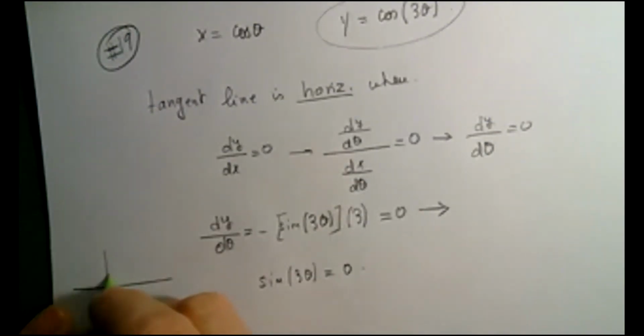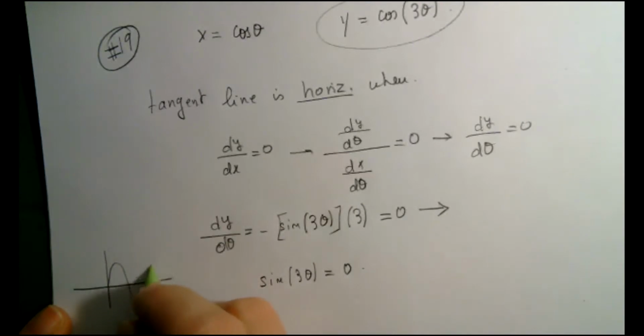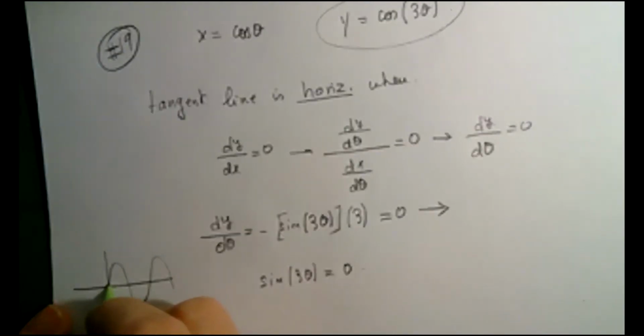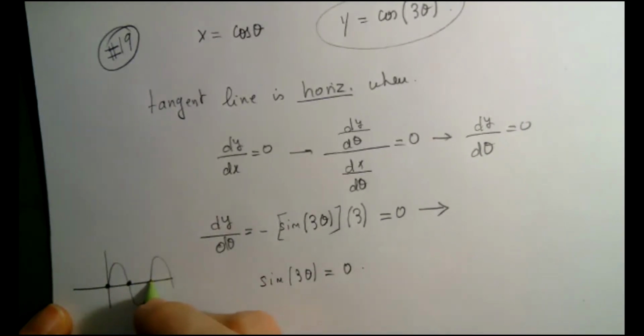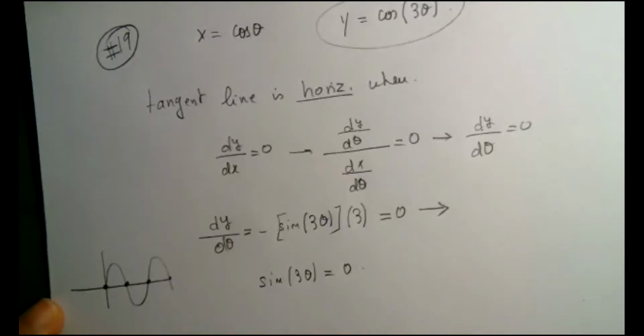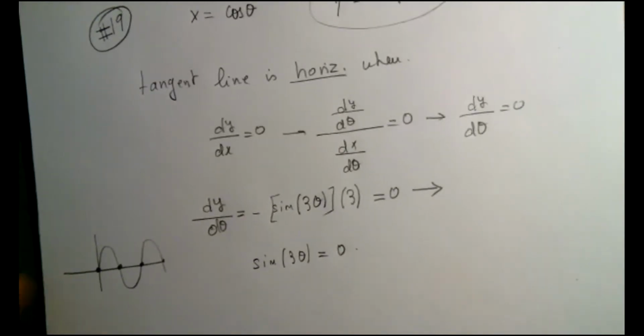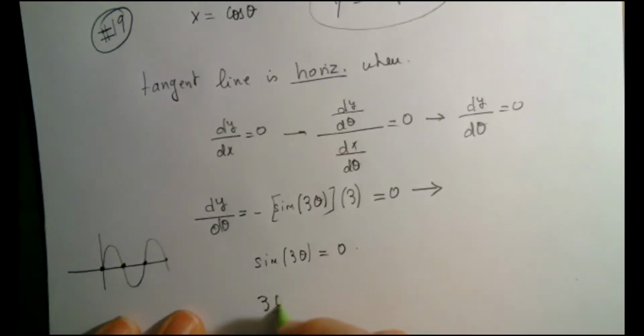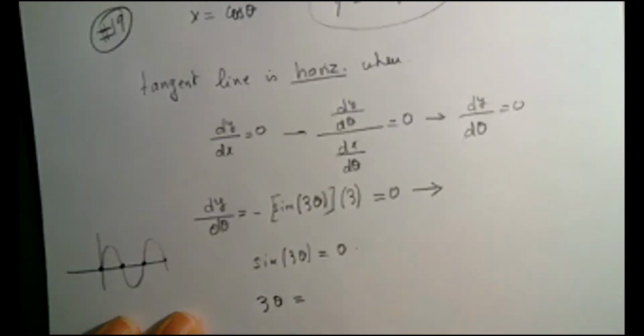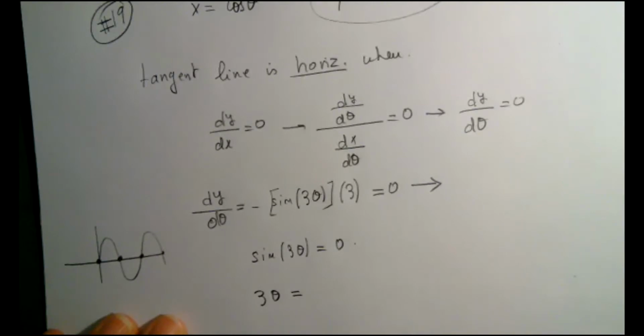In general, that's the graph of sine, and the graph of sine is 0 at pi, 2 pi, 3 pi. So when is sine of 3 theta equal to 0? This is when 3 theta takes which value?